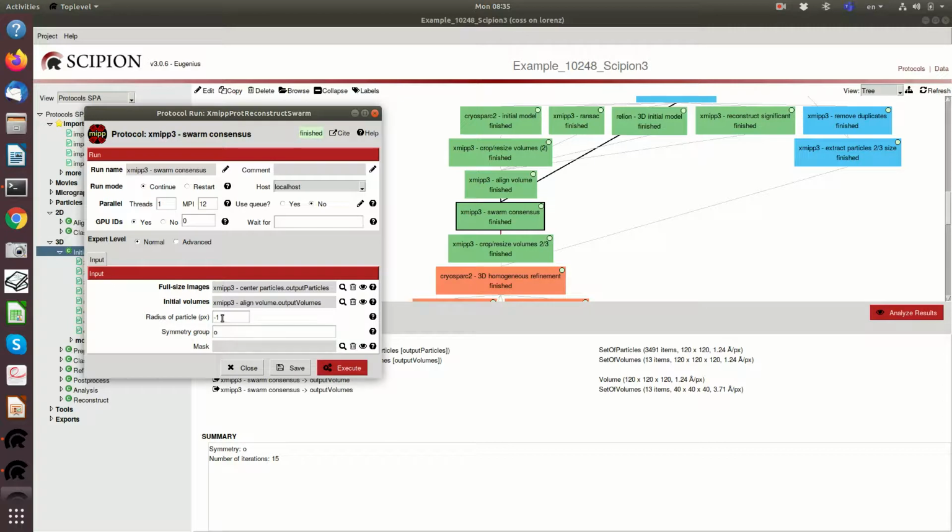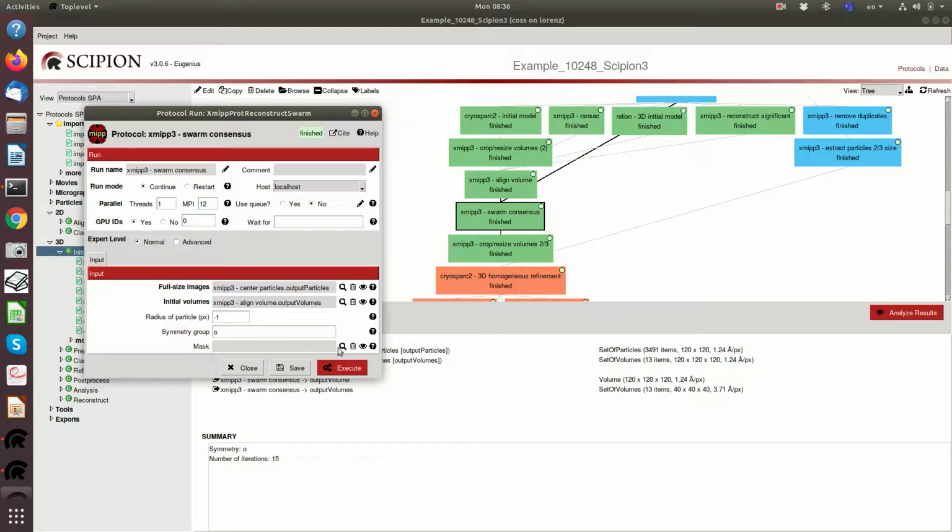This algorithm thinks of the input volumes as a swarm of candidates, and then it lets the swarm evolve trying to match the input images.